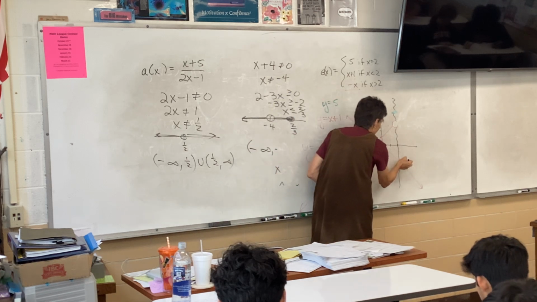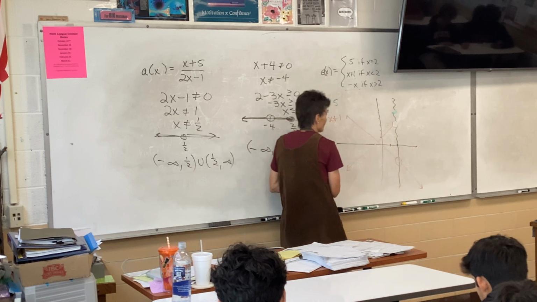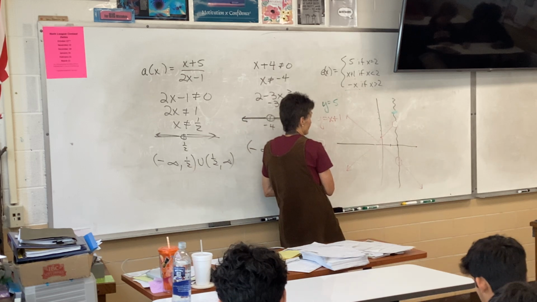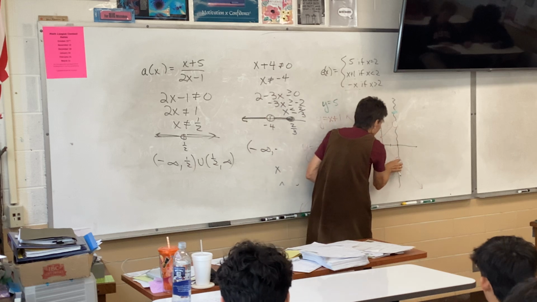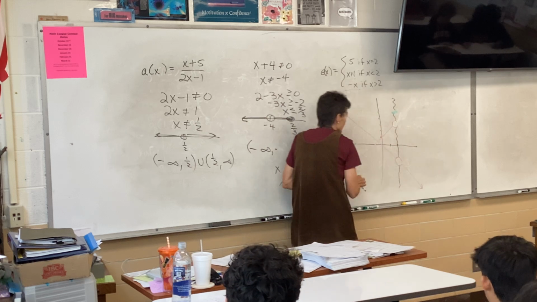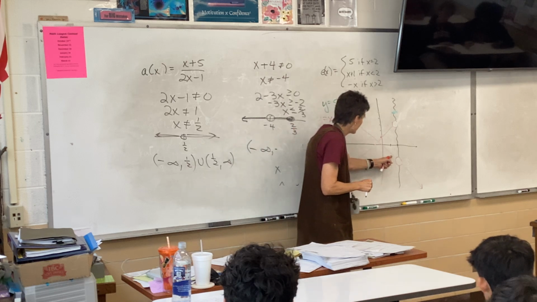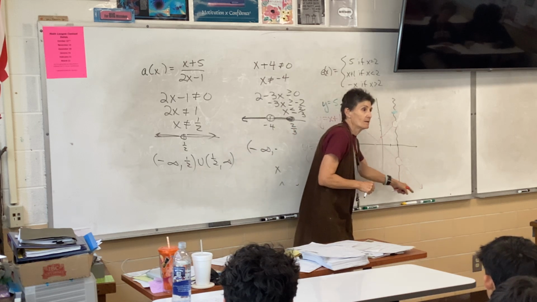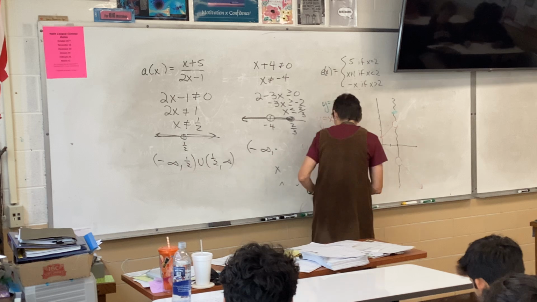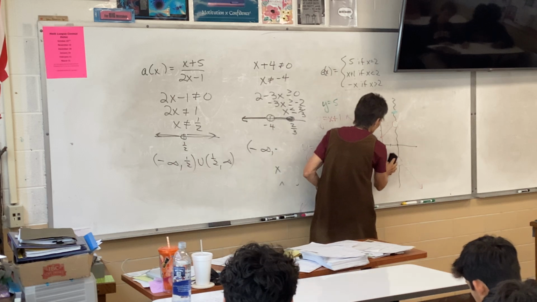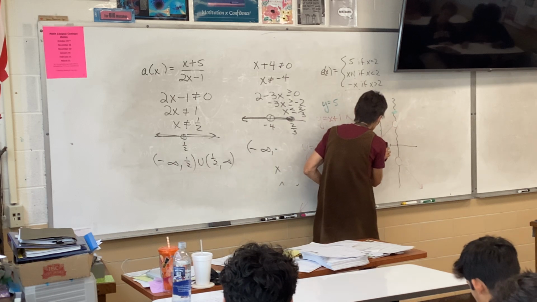It intersects right here, open dot. So again, now that line is broken. Do I want this piece of it or that piece of it? Bottom piece. How do I know I want the bottom piece? Greater than. Right.